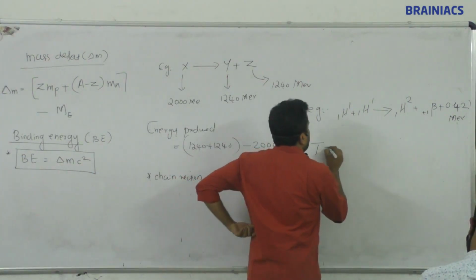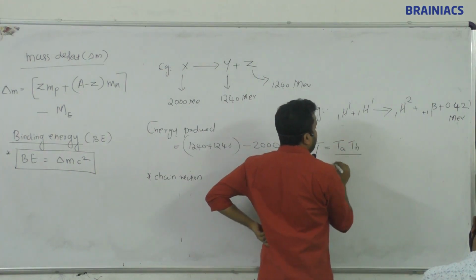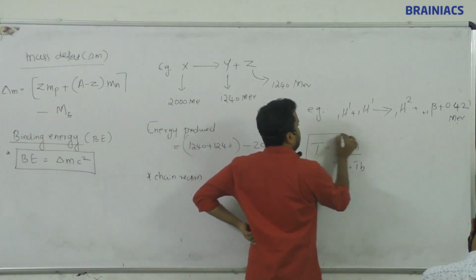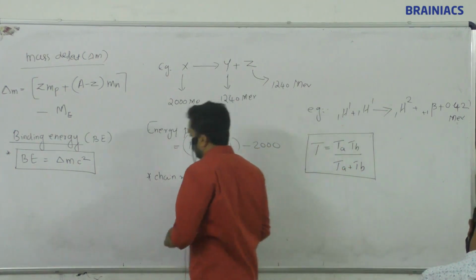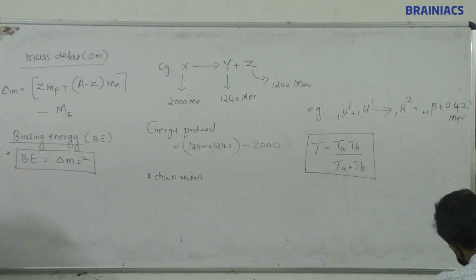Capital T is equal to TA TB divided by TA plus TB. Okay, then the theory is over.